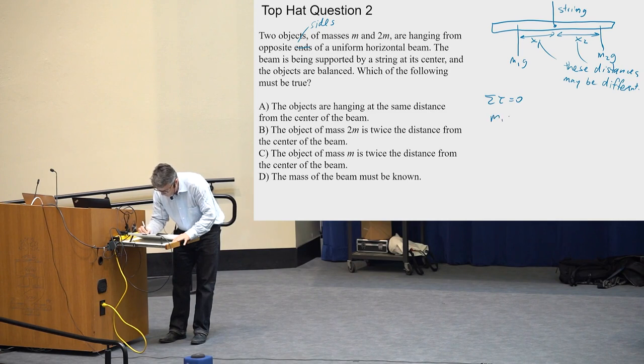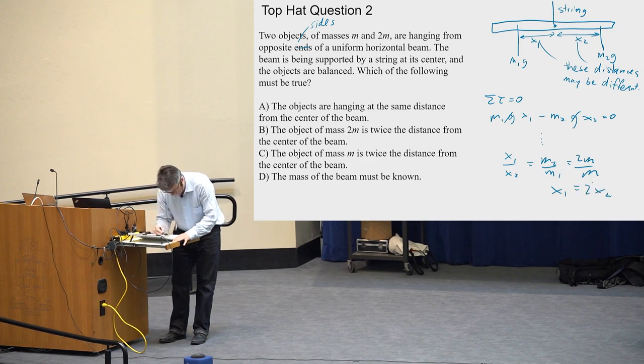So M1G times X1 minus M2G times X2 equals 0. G's cancel. You get basically X1 over X2 equals M2 over M1, 2M over M. So I like C.